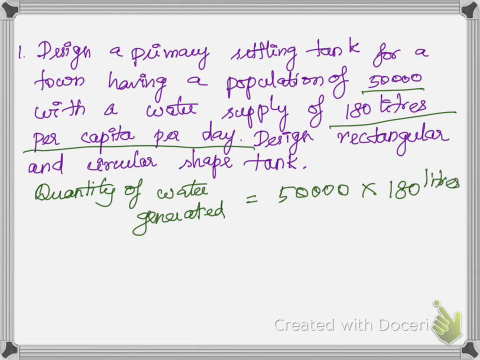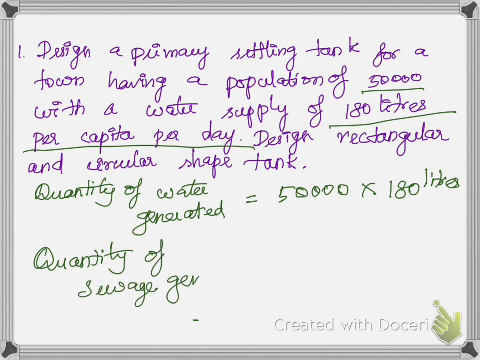Next, you have to calculate the quantity of sewage generated. That is very simple: we assume 80% of the water supplied to the city is converted into sewage, which means 0.8 into 50,000 into 180 liters.